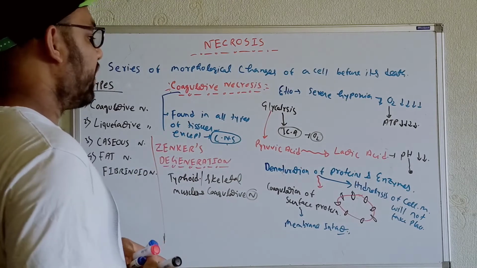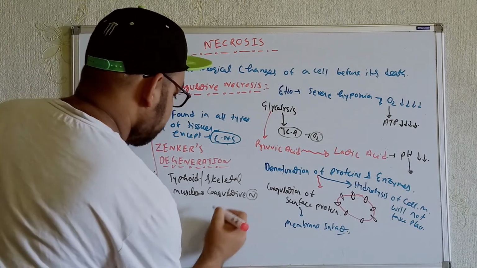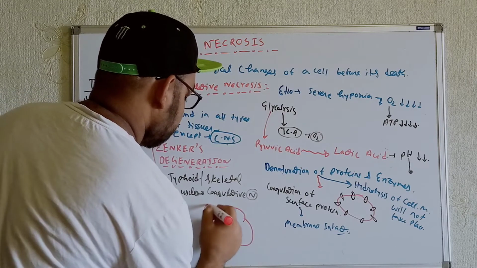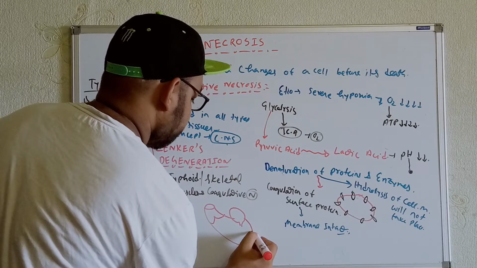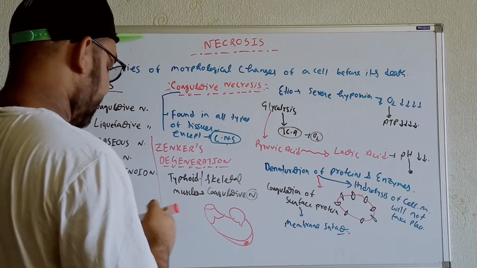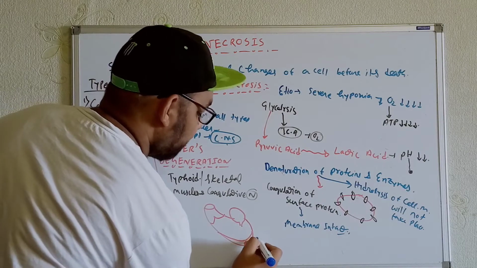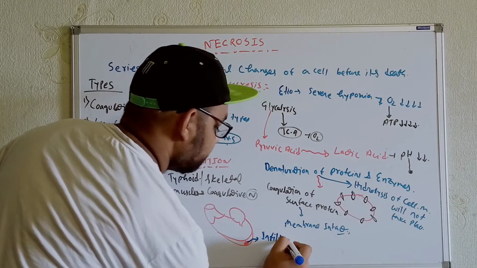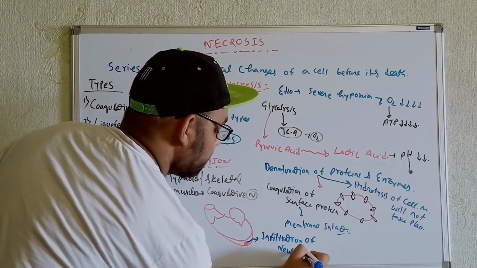Definitely, whenever the necrosis is over here, for example, let me show. Just think like this, this is a piece of the myocardium. Now if we see the necrosis over here, for example in myocardial infarction, definitely we'll see the infiltration of different types of WBCs, for example neutrophils.